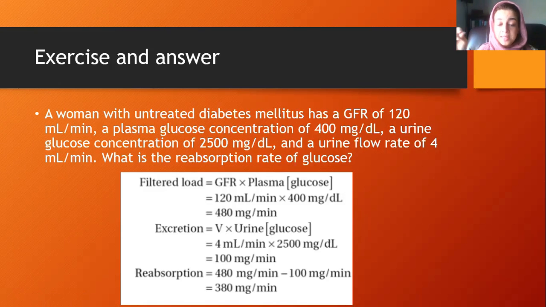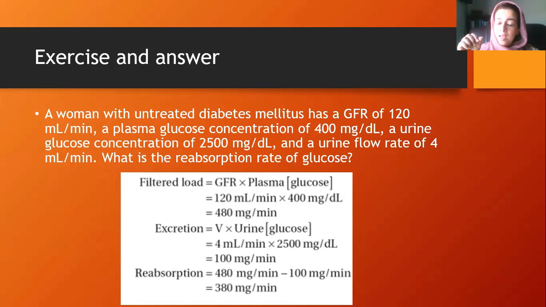So in case of excretion, 4 ml per minute was the urine flow rate mentioned in this question, and the urine concentration of glucose was 2,500 milligram per liter. So when we multiply the two, we get 100 milligram per minute.